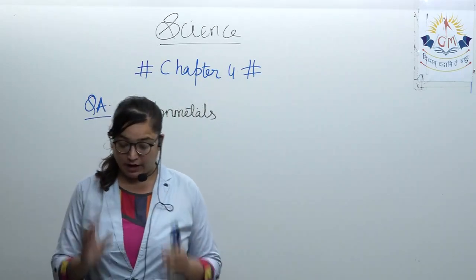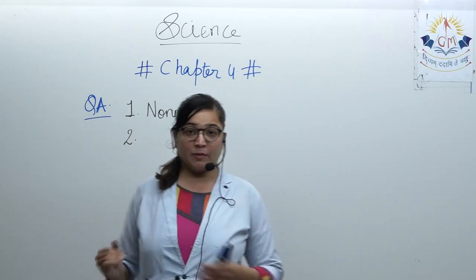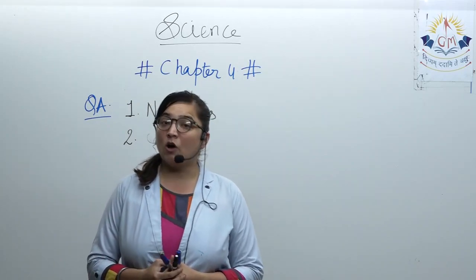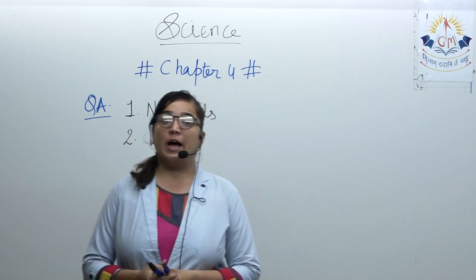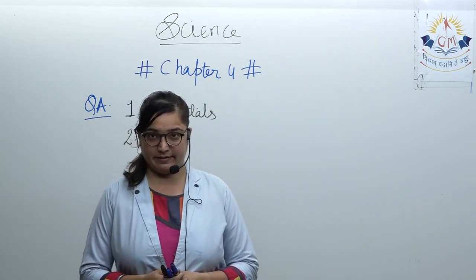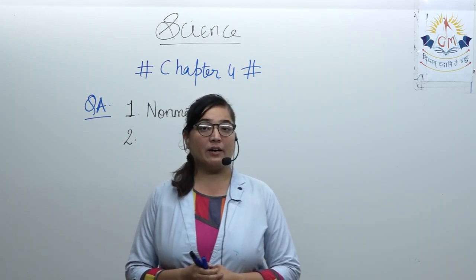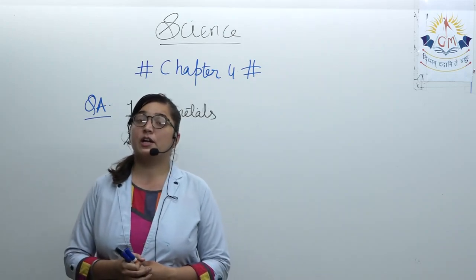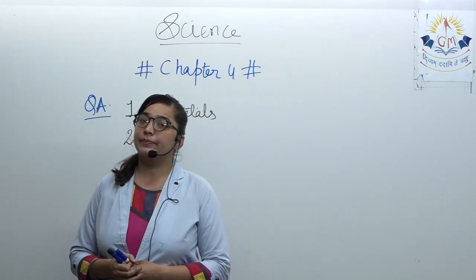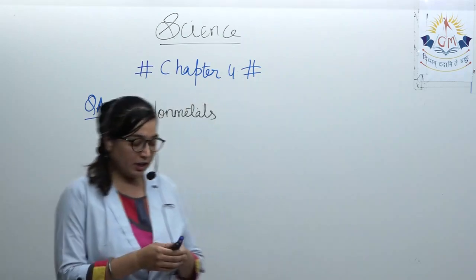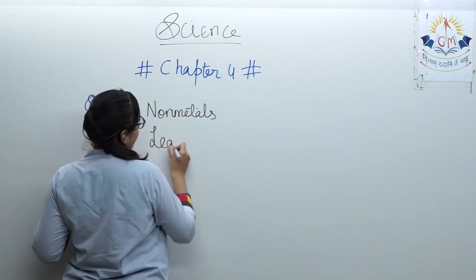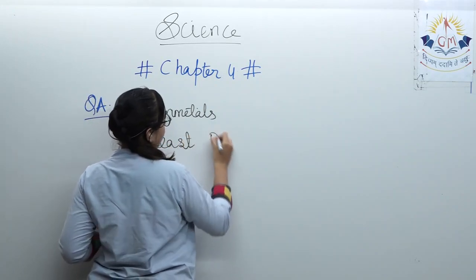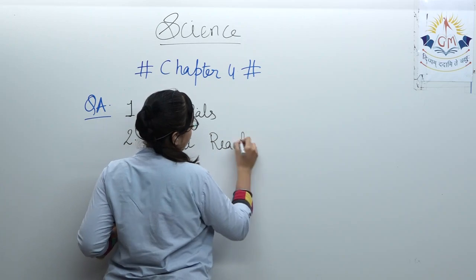The metals at the bottom of the reactivity series are least reactive. They don't react with water, oxygen, while those at the top are highly reactive. So at the bottom, the very common thing is they are least reactive elements. That is gold, silver.